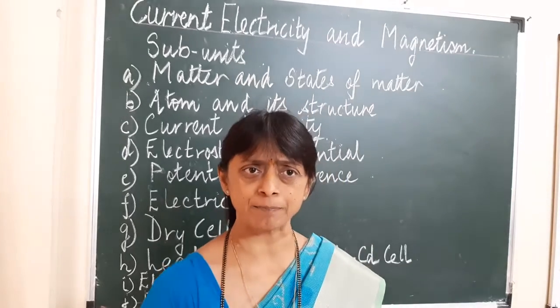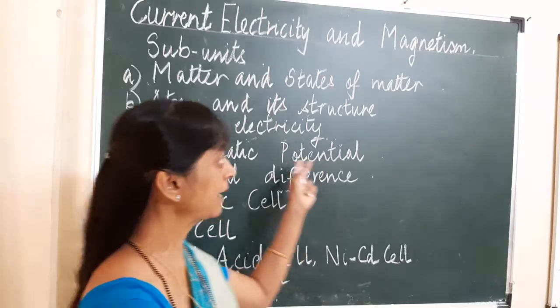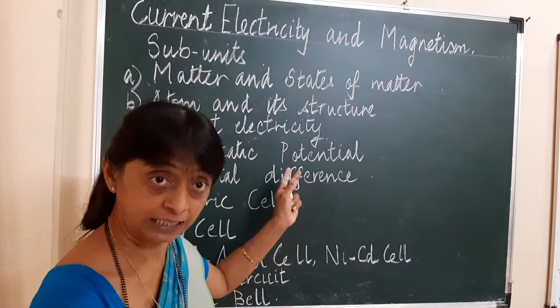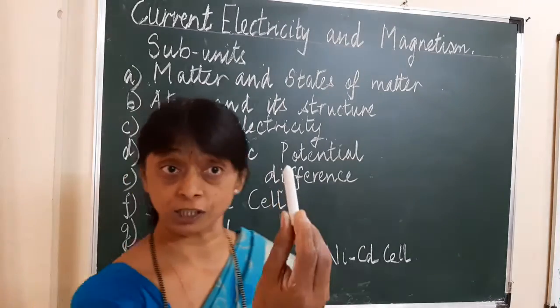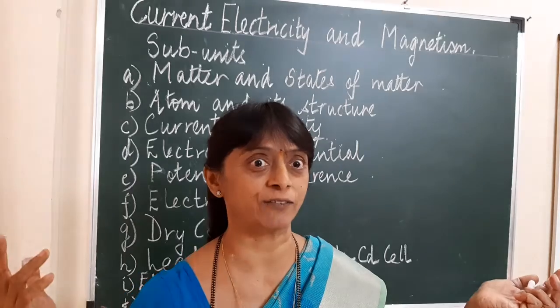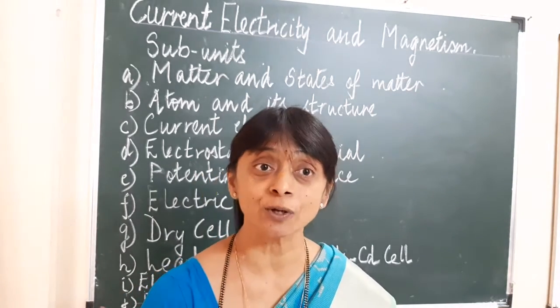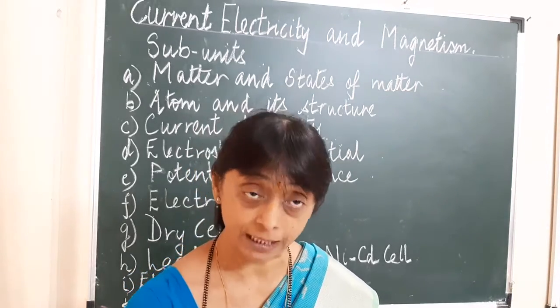Any living thing example you can give, children. Myself, I am made up of matter. The blackboard, which is non-living, this green board is also made up of matter. The chalk, which is non-living, is also made up of matter. Balloons, which you get very excited about, are also made up of matter. Water that you drink is also made up of matter.